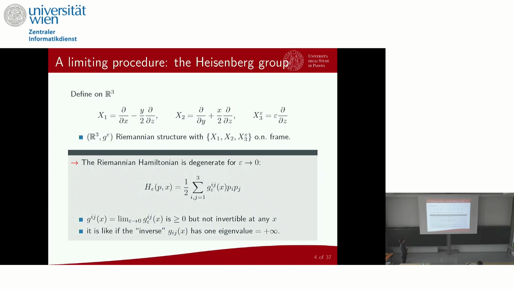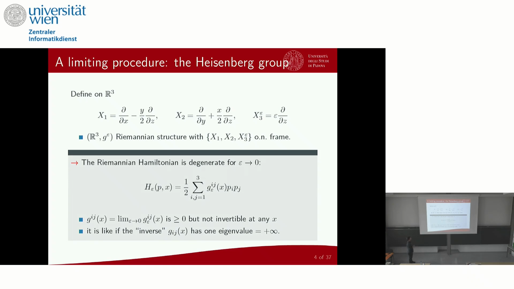So if you consider these three vector fields here, X1, X2, X3, and in front of X3 you put some epsilon, then you get a family parameterized by epsilon of Riemannian manifolds in R3 that has this frame as an orthonormal frame. So if you look at the metric g_ij, when epsilon goes to 0, it has an eigenvalue which goes to plus infinity.